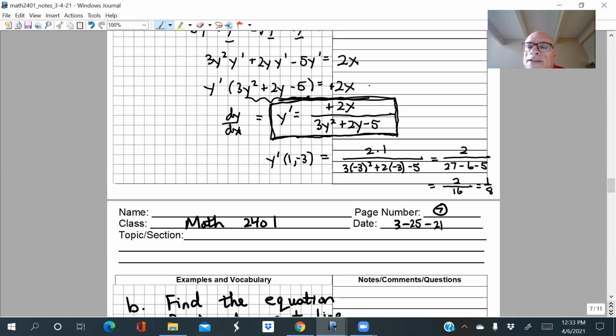Horizontal lines have slope 0. But what about the slopes of vertical lines? If you have a straight up and down line, what is its slope? Someone know that? Slope of a vertical line.